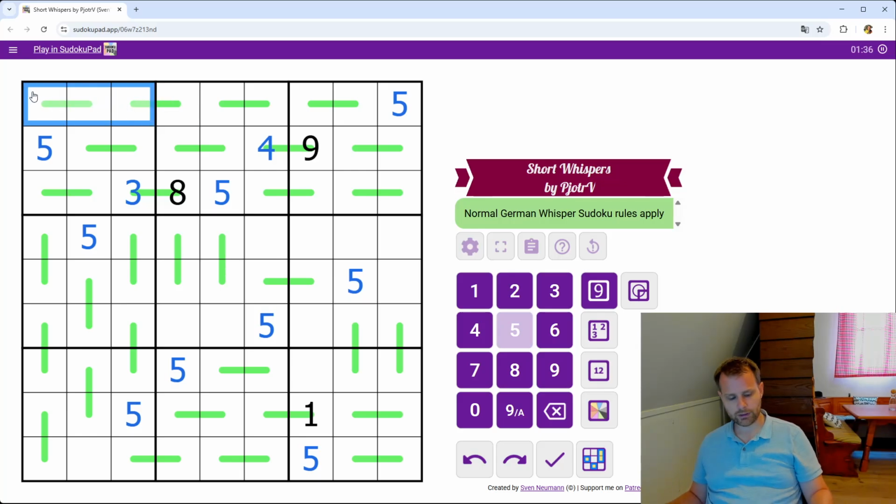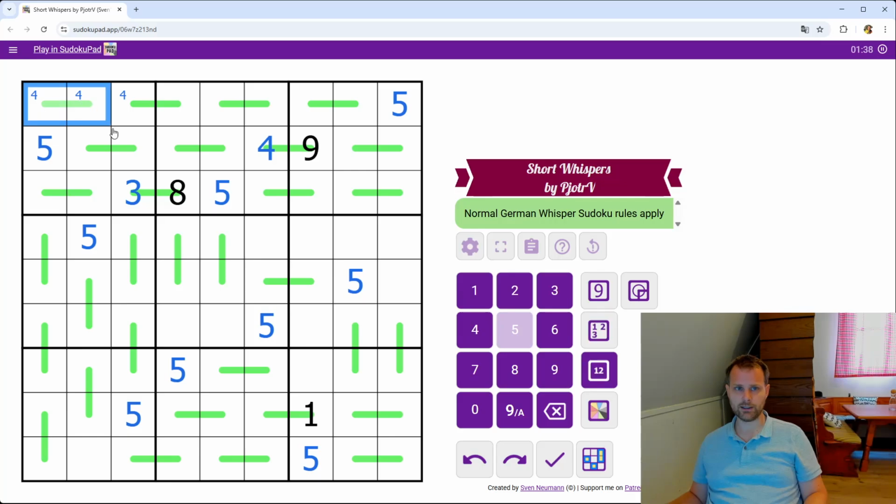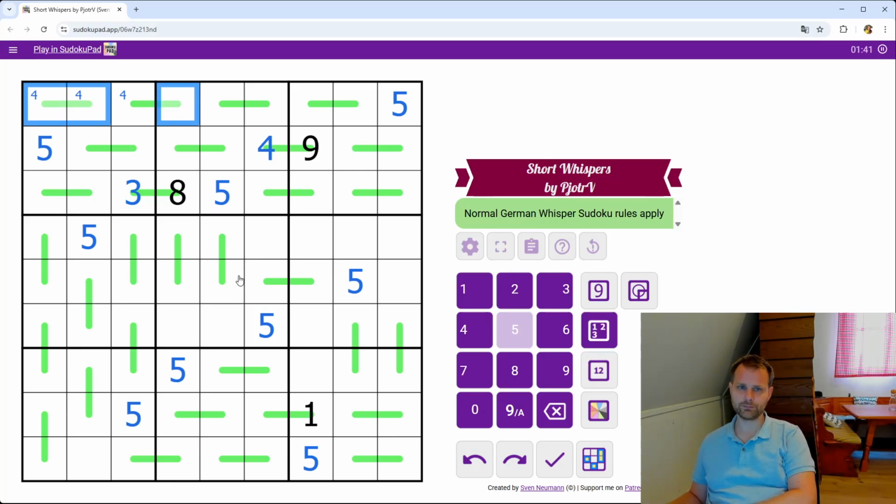So the 4 is in one of those and the 9 is in one of those. But that means the 4 is definitely here. It can't be in here and it can't be in here because the 4-9 must be together.